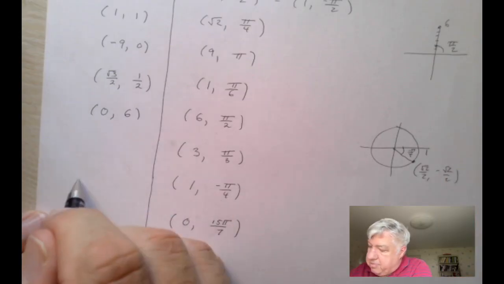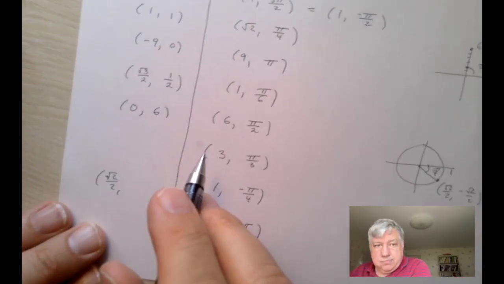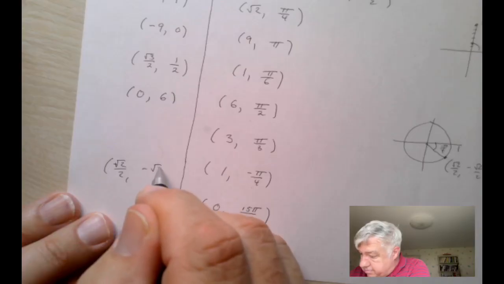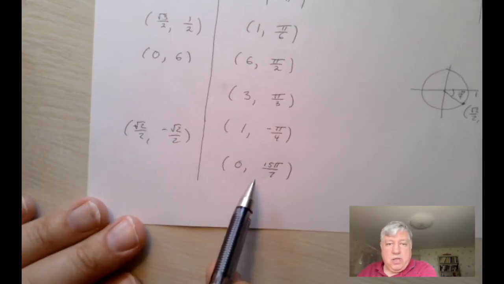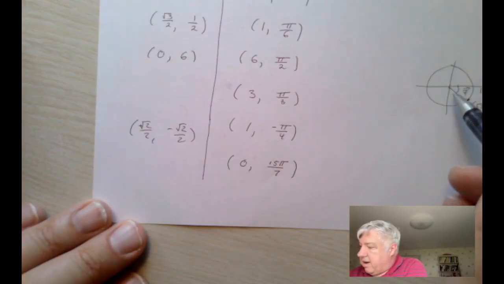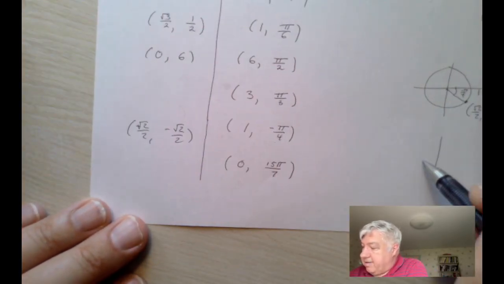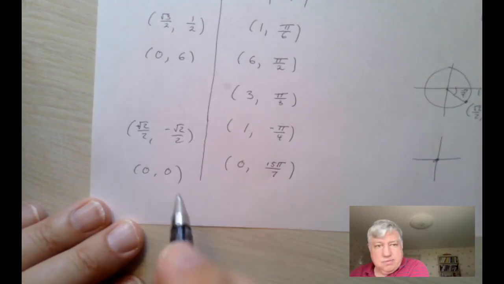So that would be this point. Okay. And when r equals 0, it doesn't matter what the angle is. When r equals 0, we're just right here at the origin, and that's the only thing it can be.